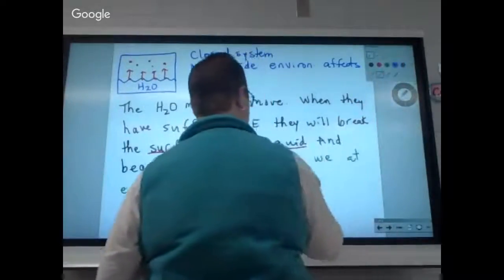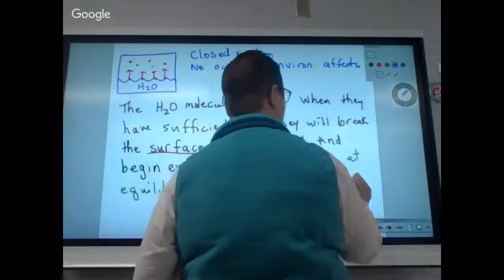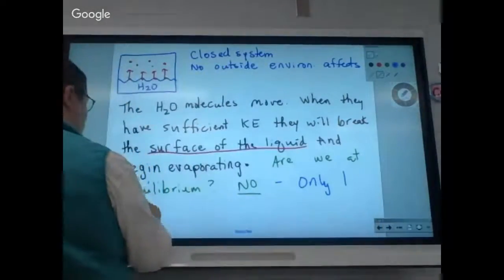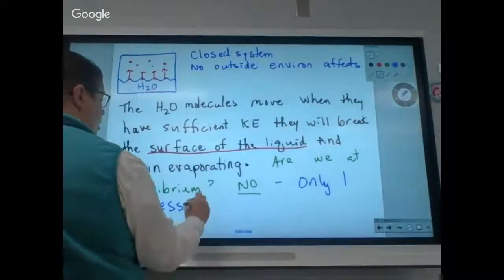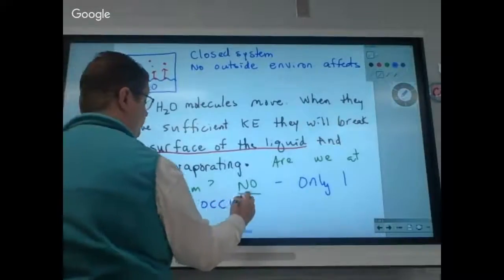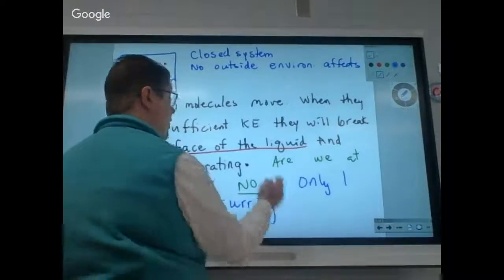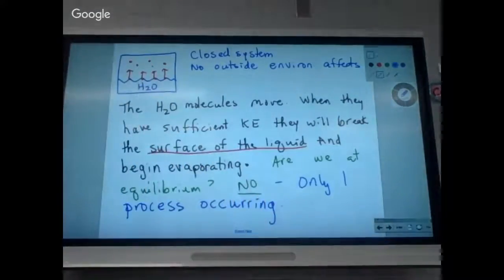There is only one process occurring. What's the only thing we said was happening? Evaporation. All we have so far is evaporation. So you can't be at equilibrium when all that's occurring is evaporating. Maybe I'm thinking ahead. You are. We're not there yet. Okay. We will get there.